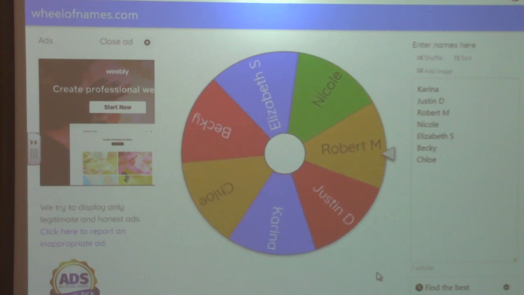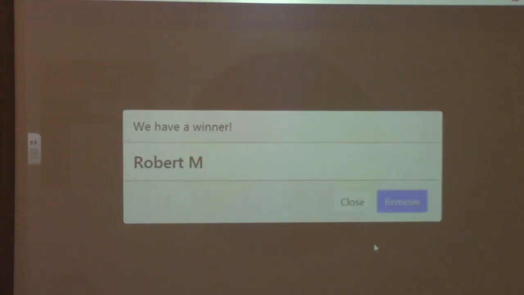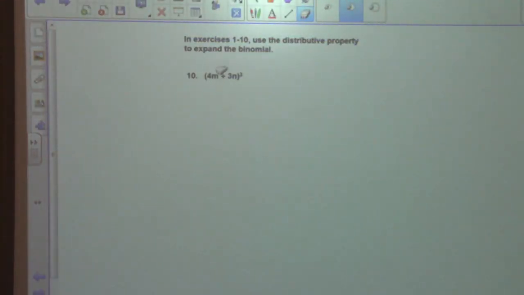So Robert, you got the next one here. Now this one at least doesn't have any negative signs to deal with. So what'd you get for this one, Robert? I just started. 64m cubed. That's all I have.